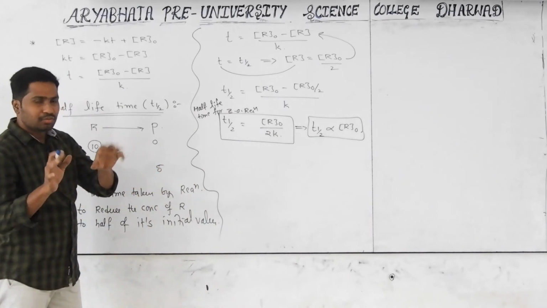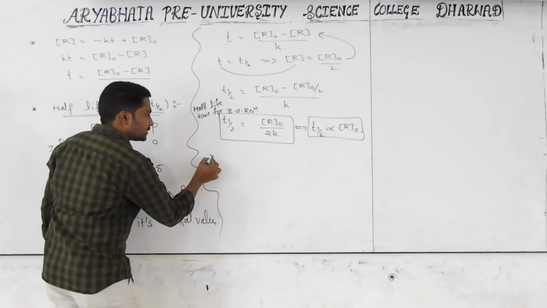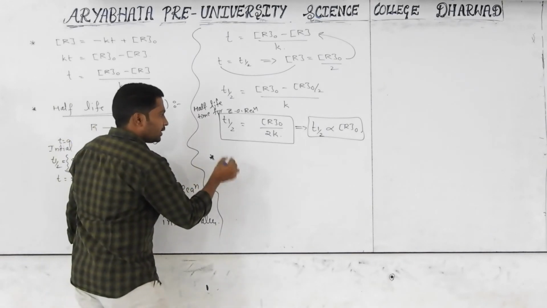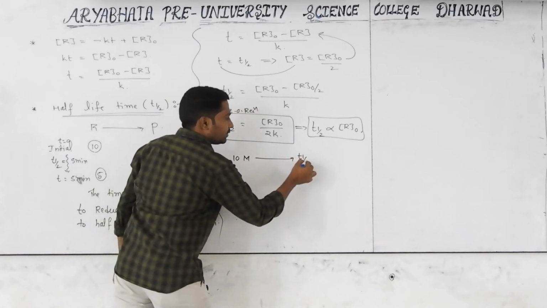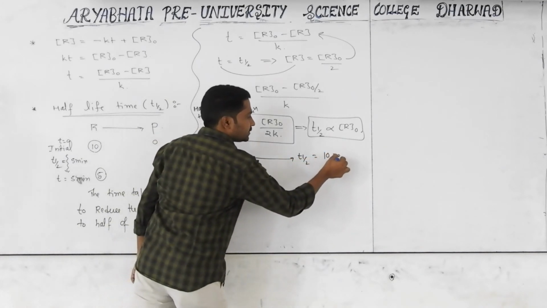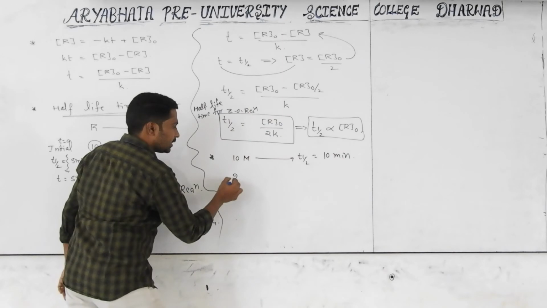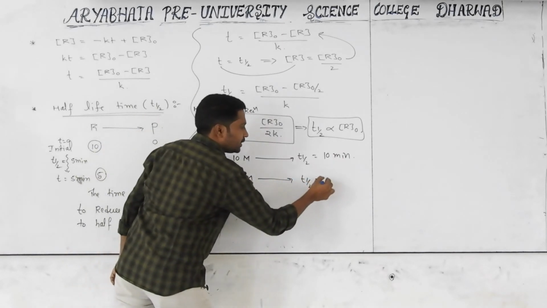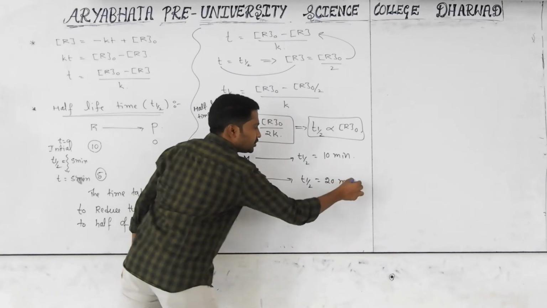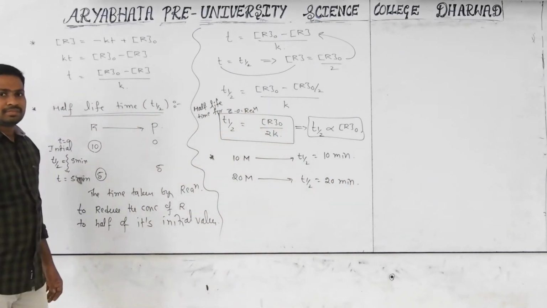So I will tell you one important thing. For example, he took 10 molar concentration, half-life time is 10 minutes. He took 20 molar concentration, half-life time is 20 minutes. Which order reaction is it?